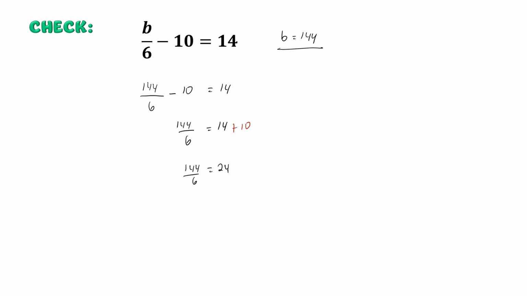And again, we're going to do our last step, where we will be multiplying our 24 times 6. And remember that we worked this part out a bit earlier in our question. And we saw that when 24 is multiplied to 6, that is equal to 144. So that means that our solution for b is correct.